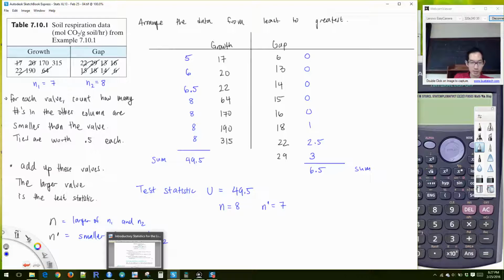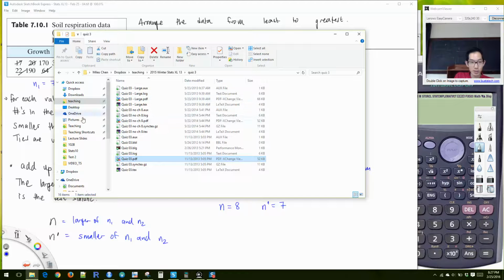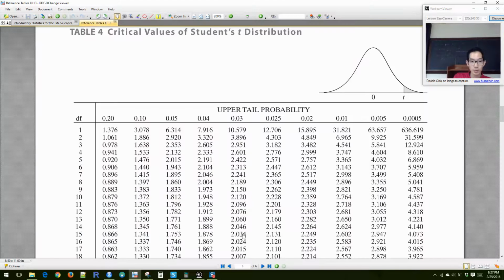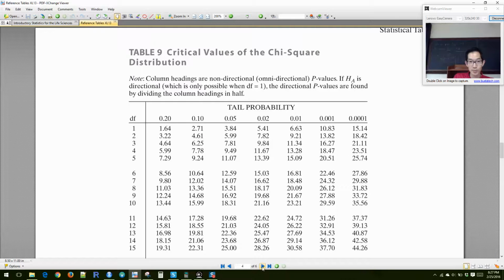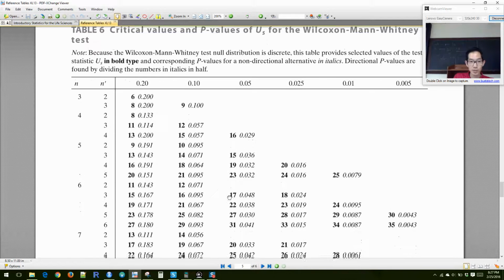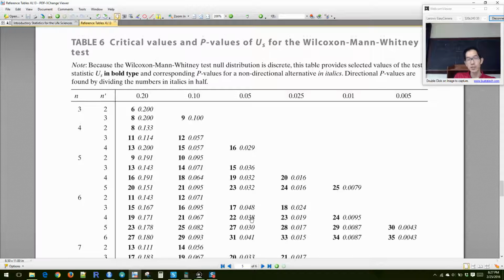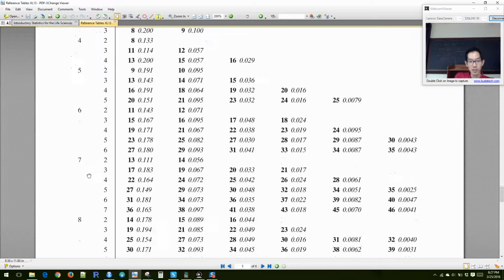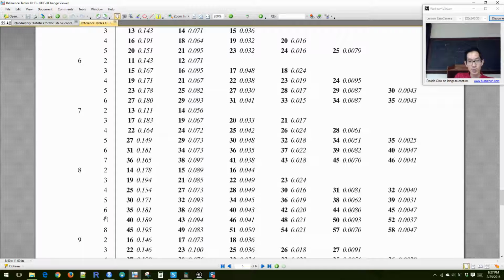Where did my reference table go? Okay, so we go to Table 6, critical values for the U statistic of the Wilcoxon Mann-Whitney test. We go to n is 8 and n prime is 7.